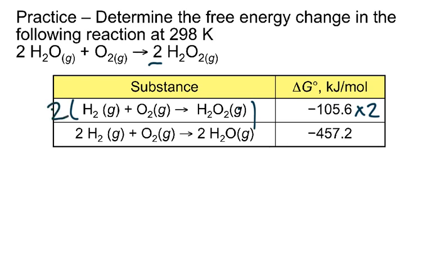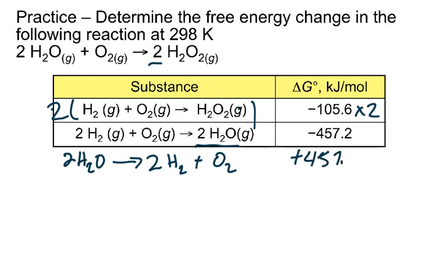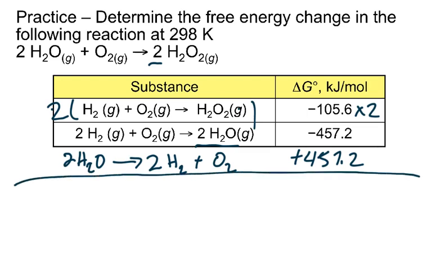And then for my bottom one, I want water as a reactant, so I'm going to reverse it. 2H2O goes to 2H2 plus O2, and that's going to make my delta G positive 457.2. If I add my 2 reactions together, I'm going to cancel things out.